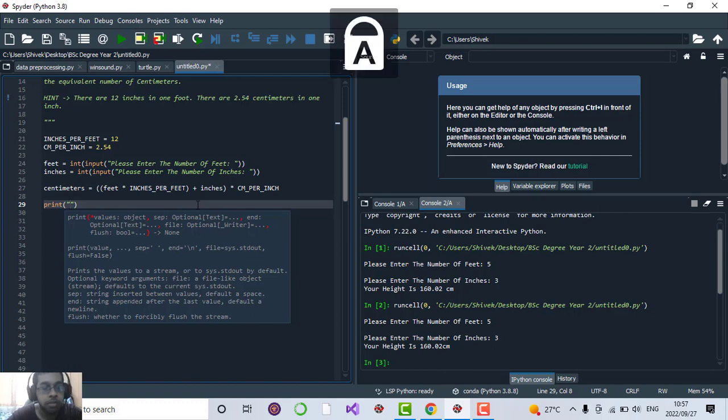We've been working very often with 2 decimal places, so let's do that. A simple statement: your height is percentage sign dot 2f, as you know, that's the placeholder for our decimal point, followed by cm.